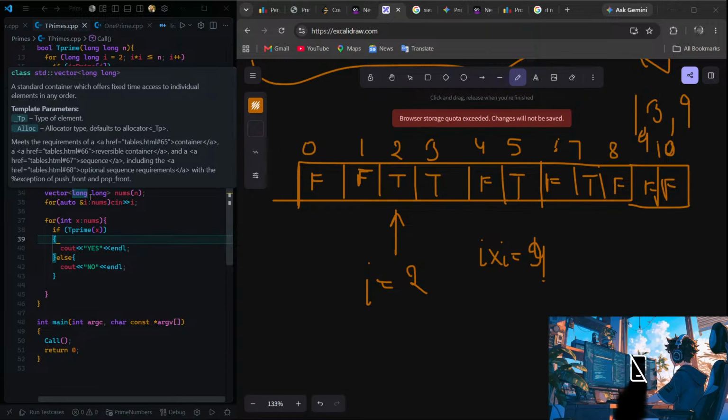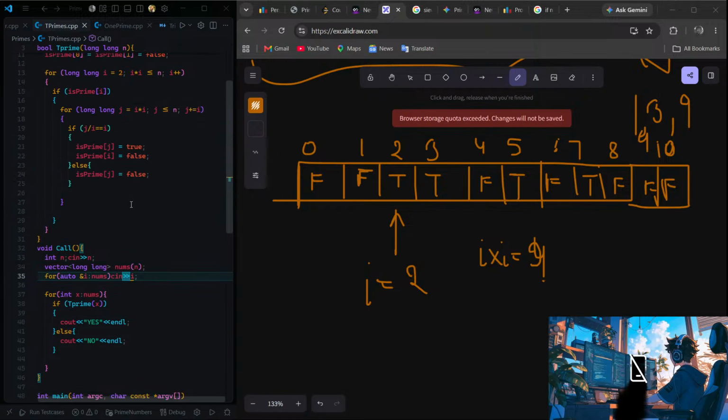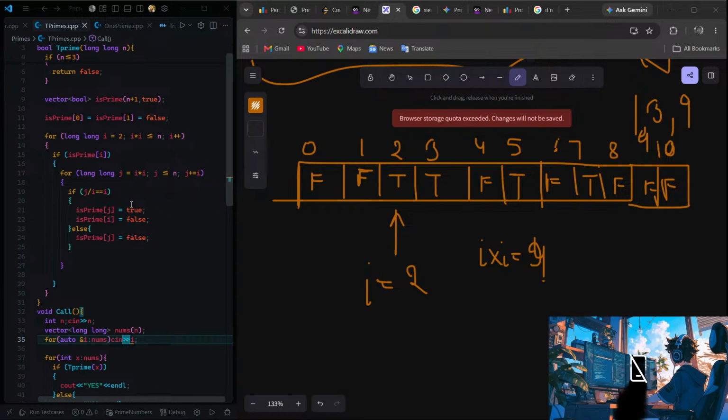So n square log n. That's the complexity of this.